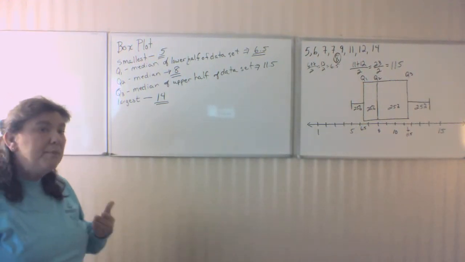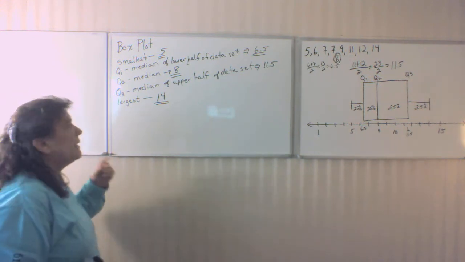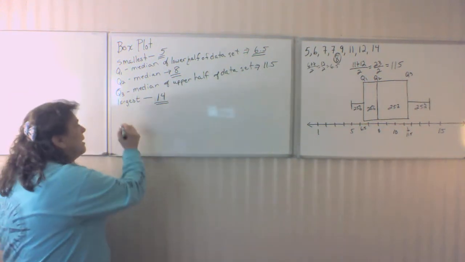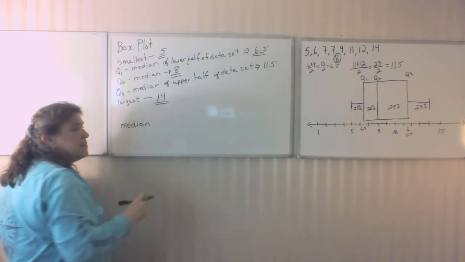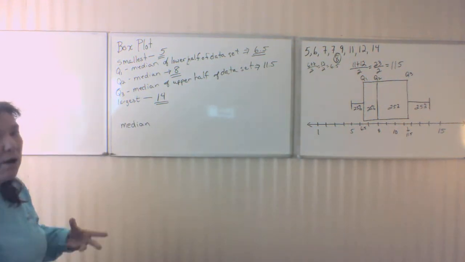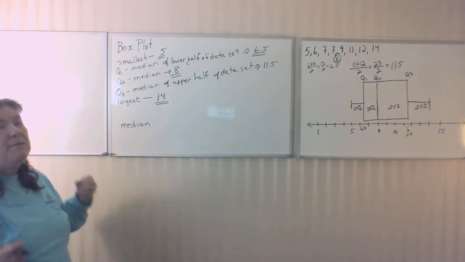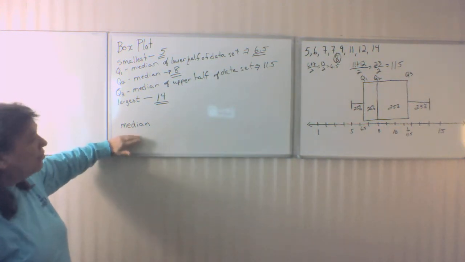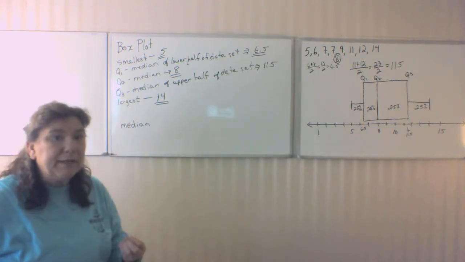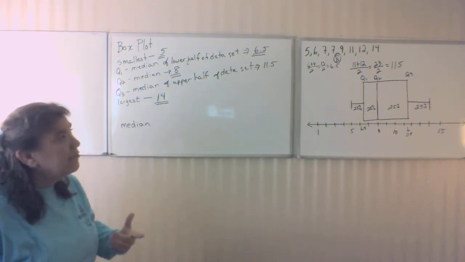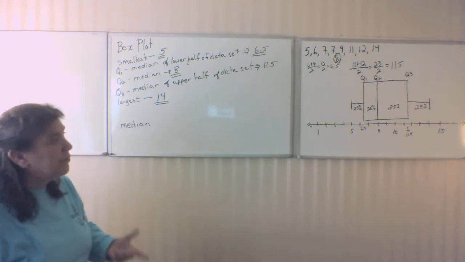But one thing to remember about a box plot, it doesn't use anything but the medians. It doesn't use the mean, it doesn't use the mode, it only uses the median. And so you can only build them with medians, and you have to be accurate in your medians. If you're not accurate, your box plot will not be accurate either.